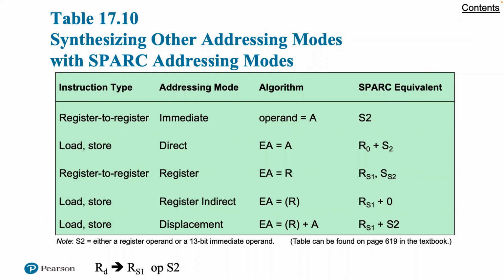Register-to-register instructions have 3 operands and can be expressed in the form RD into RS1 op S2, where RD and RS1 are register references. S2 can refer either to a register or a 13-bit immediate operand.